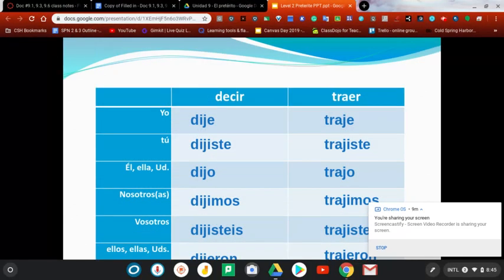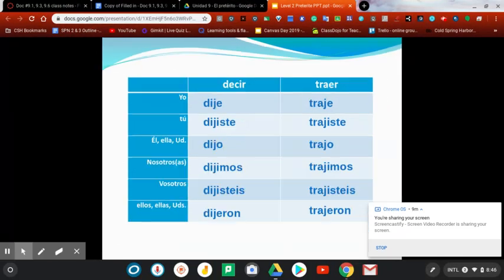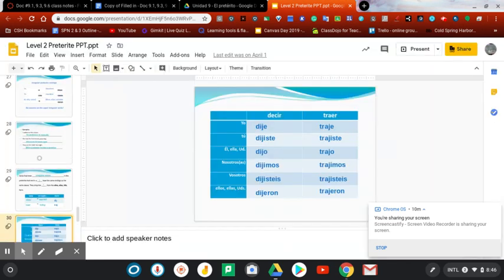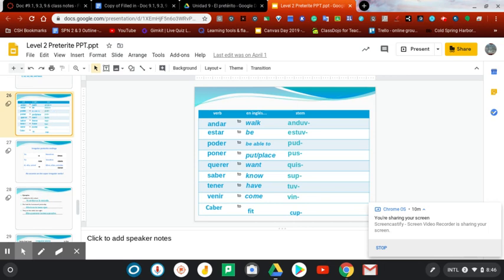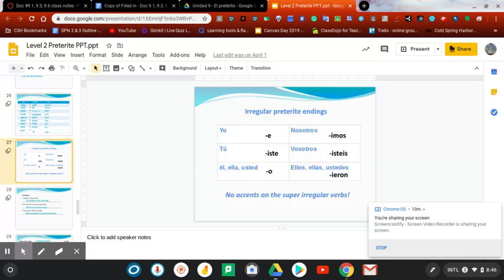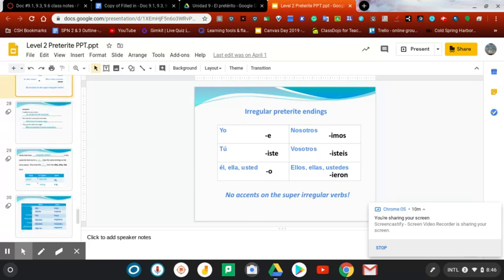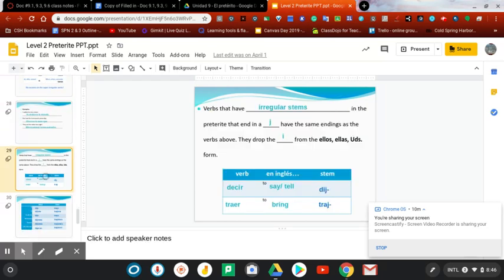So if we take a look back, just give my computer a second. So we saw all of these stems, right? Anduv, estuv, pud, pus, quis, sup, tuv, vin, cup. These are the endings: e, iste, o, imos, isteis, and ieron. Decir and traer both have their stem change.